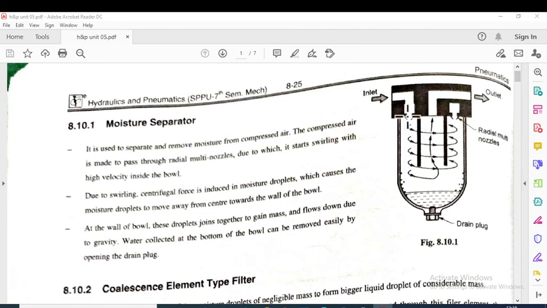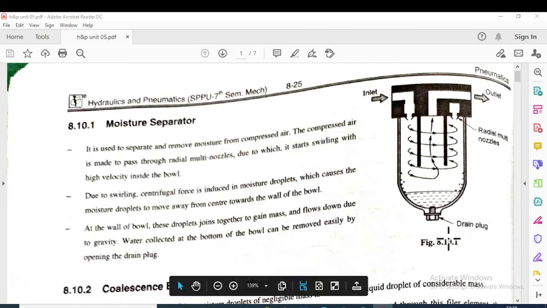You can see the radial nozzles here. When the air enters this area through the radial nozzles, it starts to rotate like this, and because of this rotation centrifugal force is created, and the moisture or water particles contained in the air get pushed in the radial outward direction so that they are eliminated, and they move in the downward direction here, and from this drain plug we can remove them.